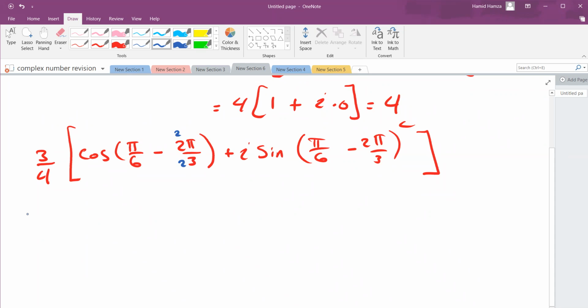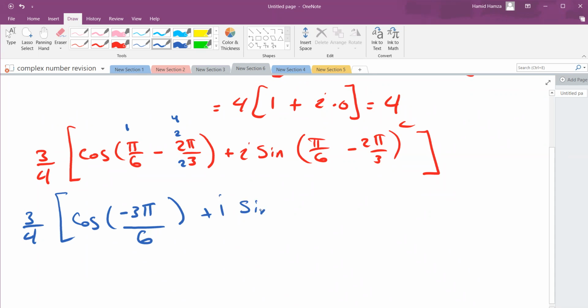Okay, so it will be 3 over 4 cosine. So 1 minus 4 will be negative 3 pi over 6, plus i sine negative 3 pi over 6.